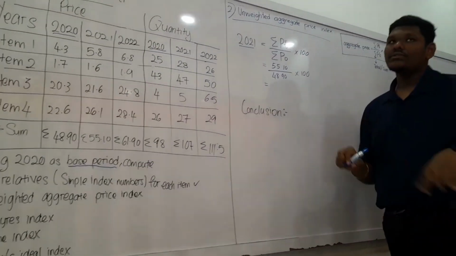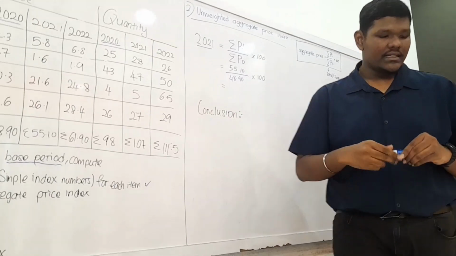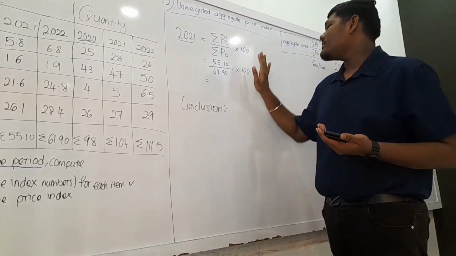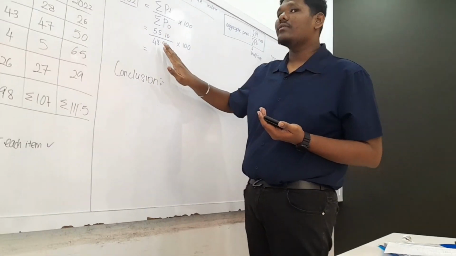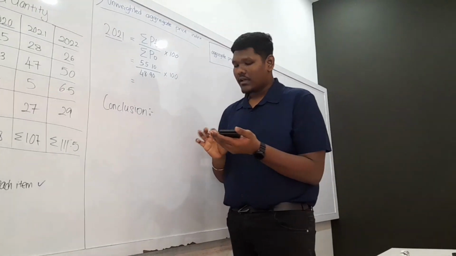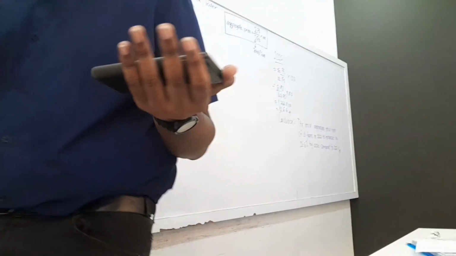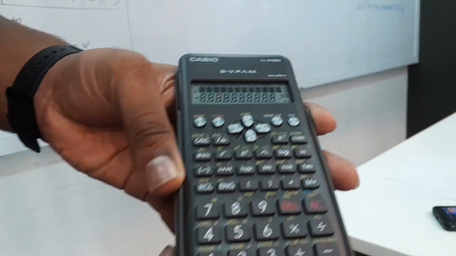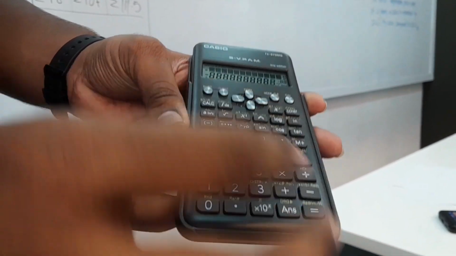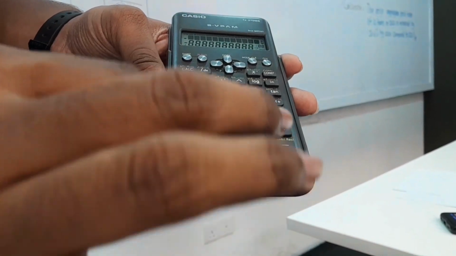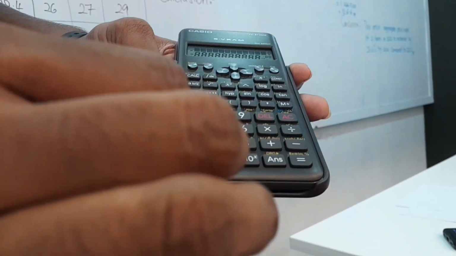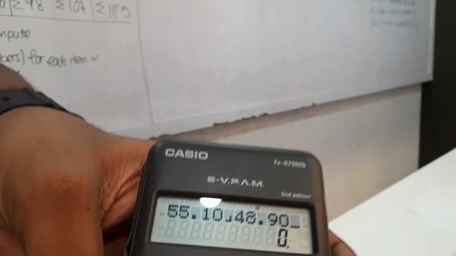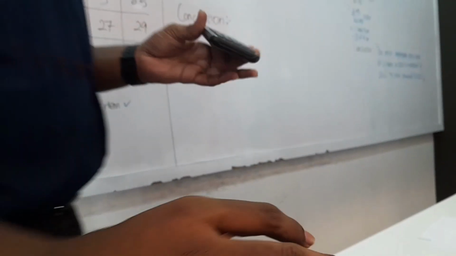So as usual, let's do the calculation. I'll show it on the screen. 55.10 over 48.90. Alright, we got that.